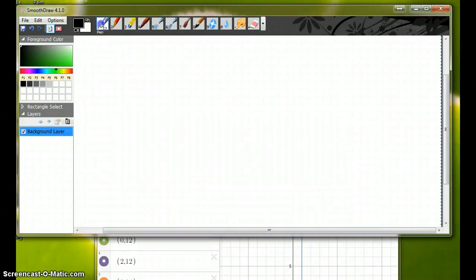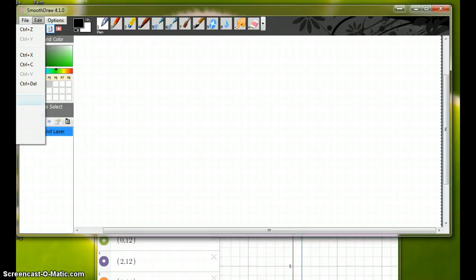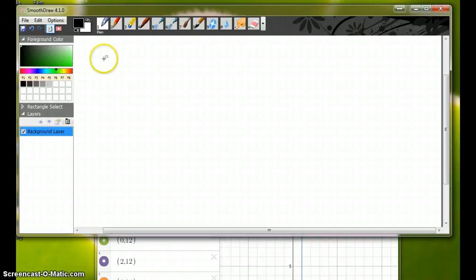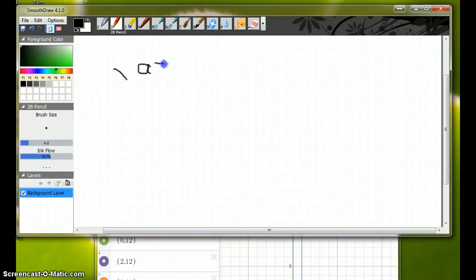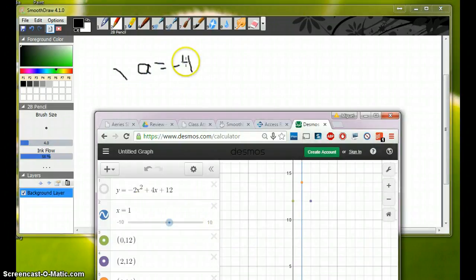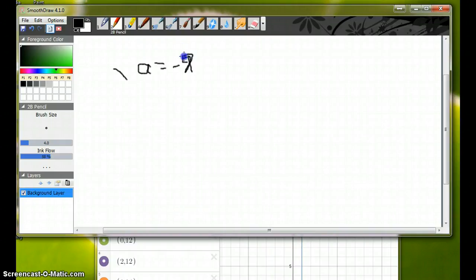A was negative 2, and B is 4, and C is 12.